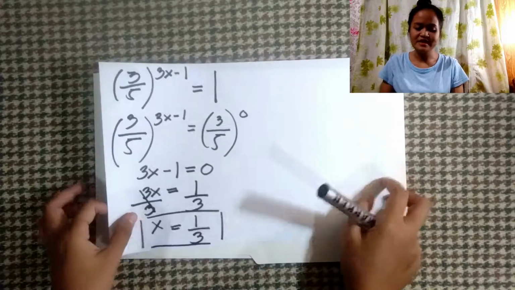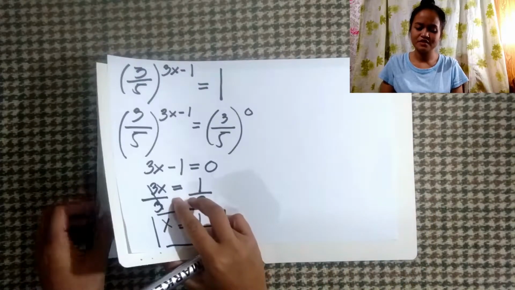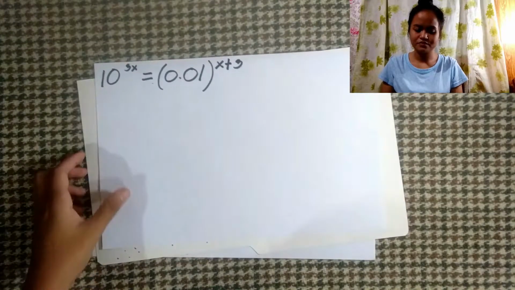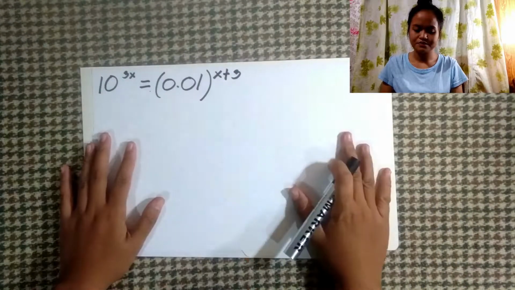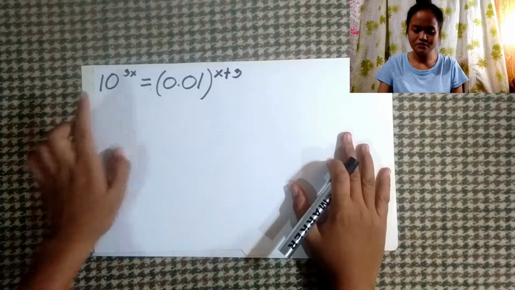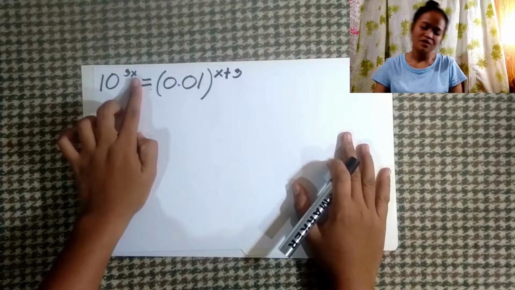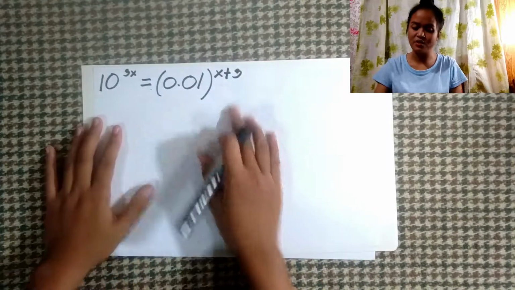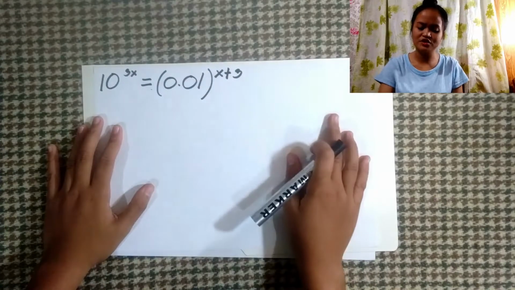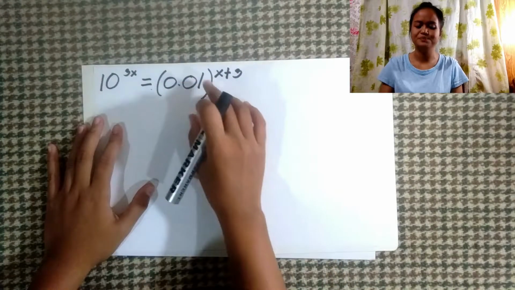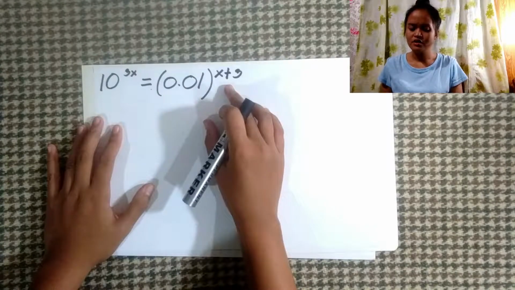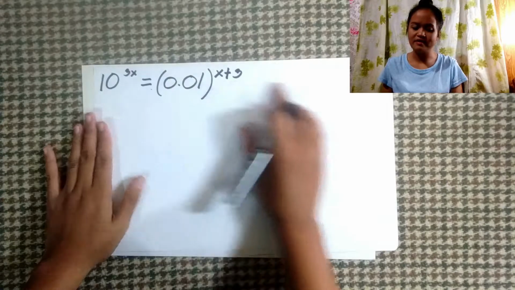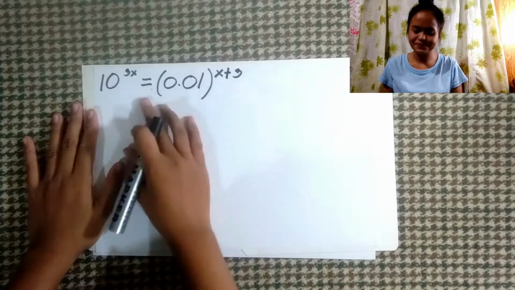So let's proceed. Another example. 10 raised to 3x equals 0.01 raised to x plus 3. So a decimal here. What we're going to do to make 0.01 equal to the base 10?